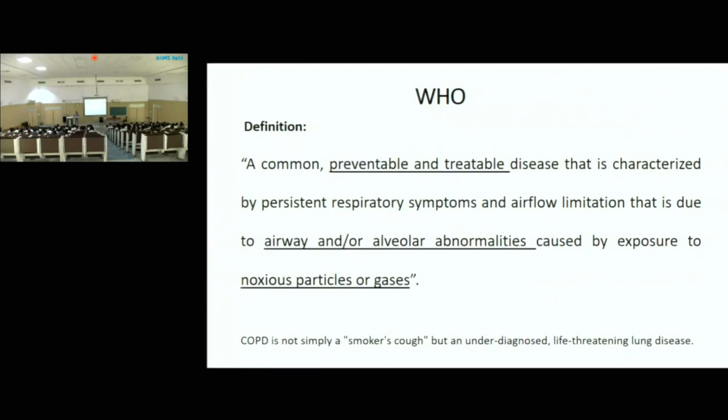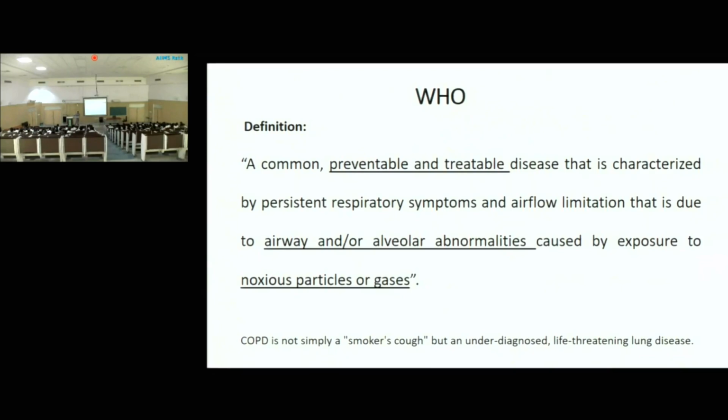But most of the patients will have overlapping diseases. So what is the definition of COPD? It is a common, preventable and treatable disease that is characterized by persistent respiratory symptoms and airflow limitation, or alveolar abnormalities, caused by exposure to noxious particles or gases.